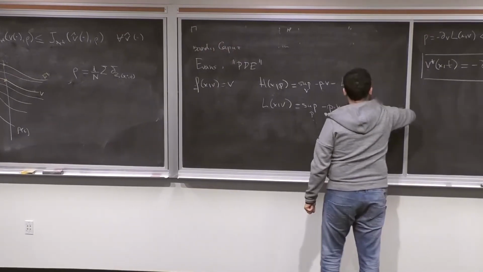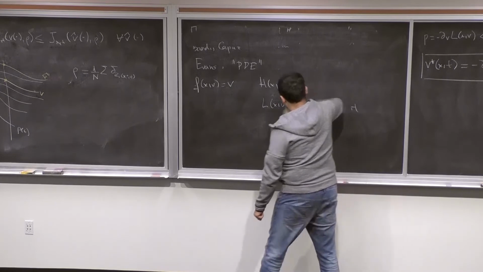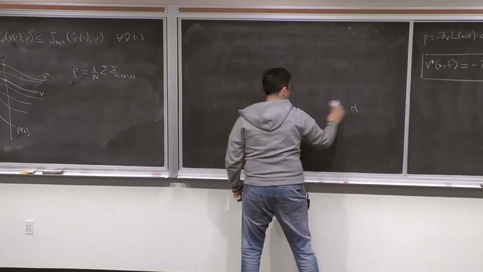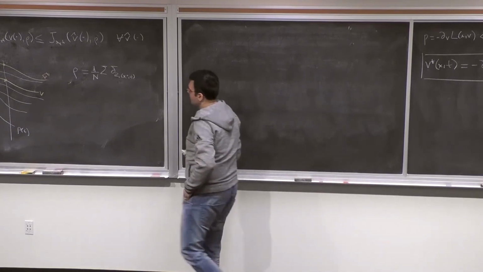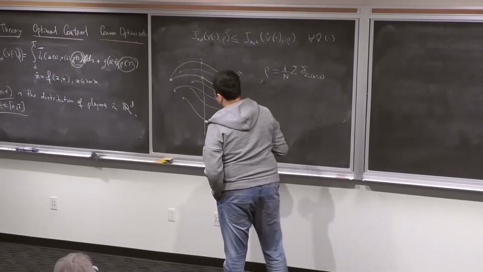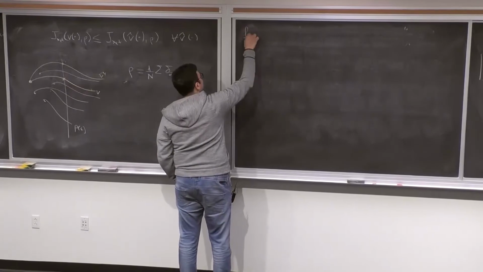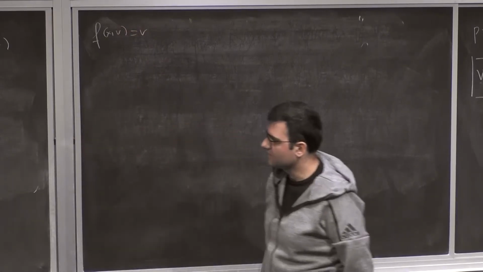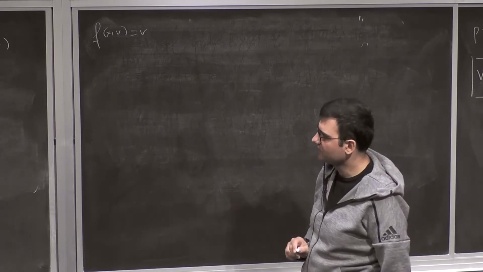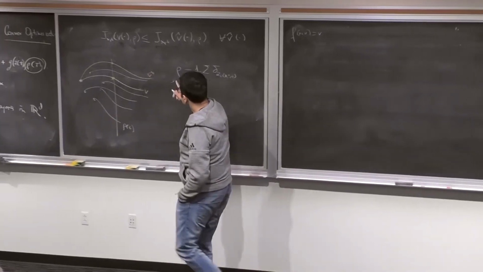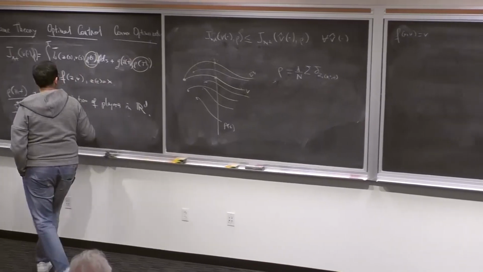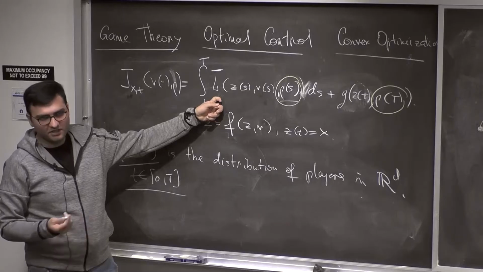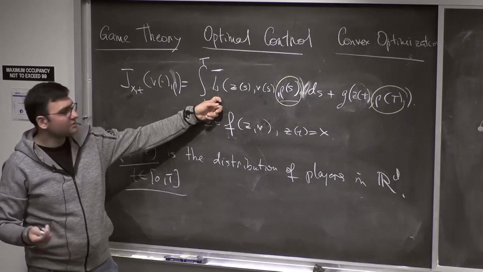Okay, so we have this Nash equilibrium condition, and let's see what it gives us. From now on, I will assume that the dynamics is given by f(x, v) equals v. So this is the case that I'm going to be looking at. Since rho is fixed, this rho enters just as a parameter in the Lagrangian, and I can write the Hamilton-Jacobi equation.